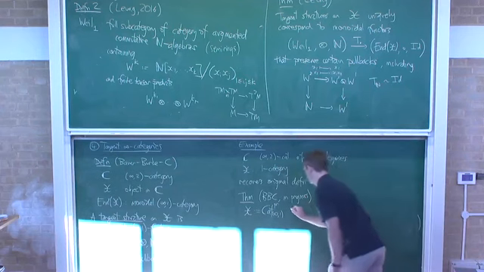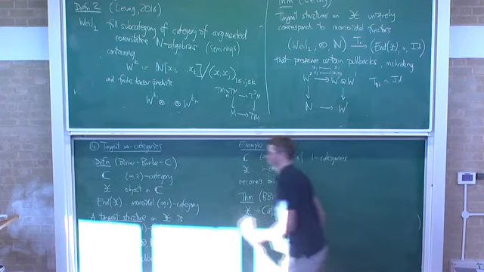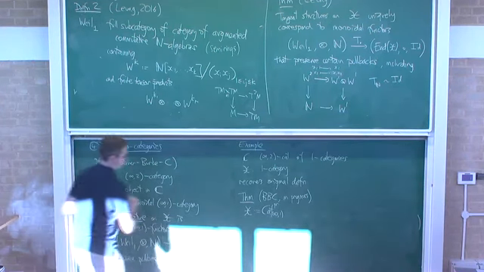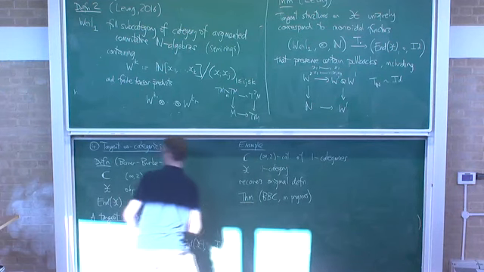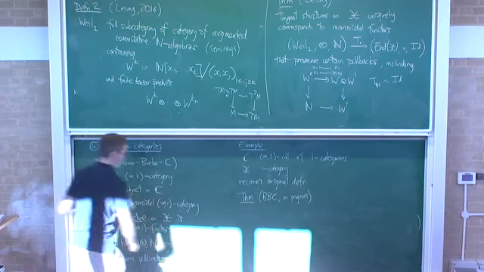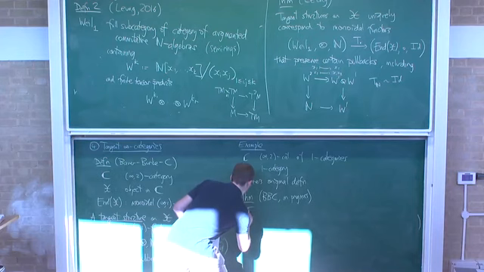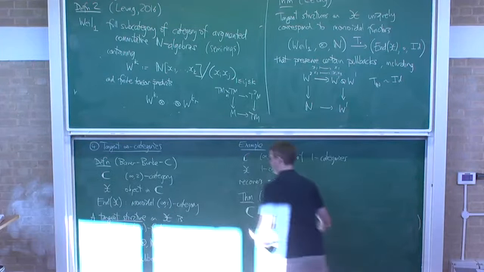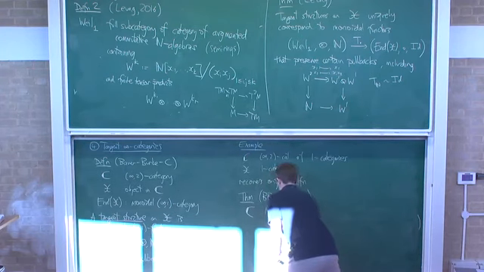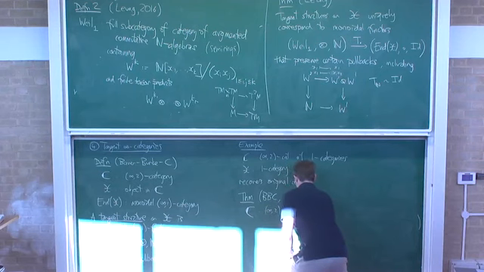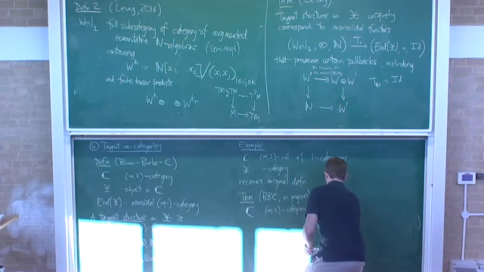Maybe I should have said what C was first, I guess. So C is the infinity 2 category of infinity 2 categories.